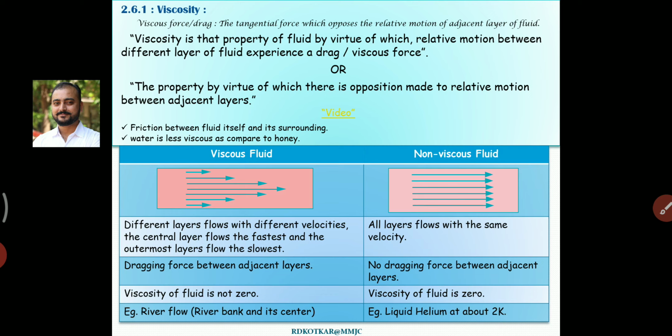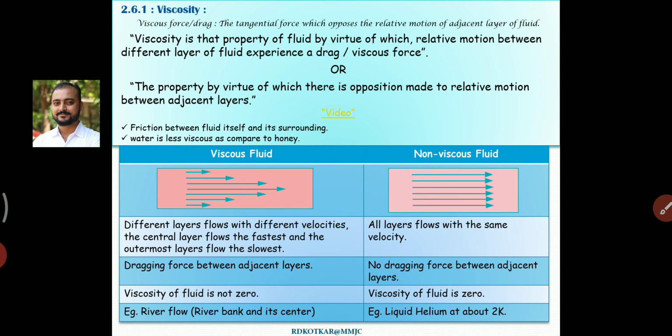You can take the example of a river flow for viscous fluid. When the river is flowing, the water flowing at the bank has a slower velocity as compared to the center. The water flowing in the center has the maximum speed or velocity, but at the bank it has less speed or velocity.